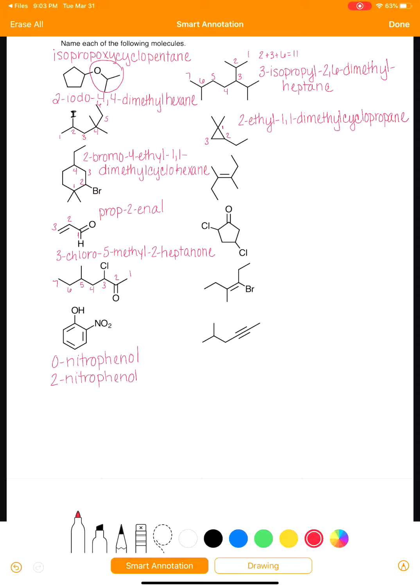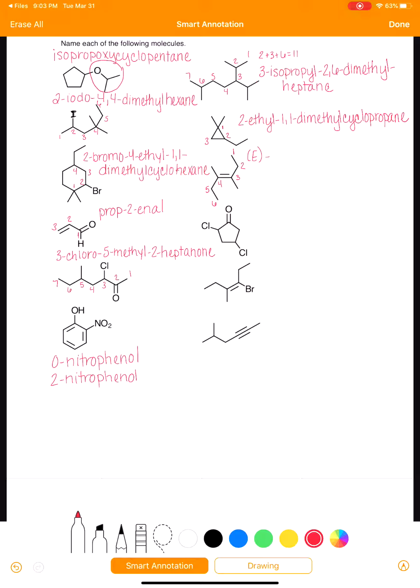And next, we have an alkene. 1, 2, 3, 4, 5, 6. We can use cis-trans notation because we have a methyl on carbon number 3 and also a methyl on carbon number 4. Let's just go ahead and use E because that's a little bit cleaner, a little bit fancier.